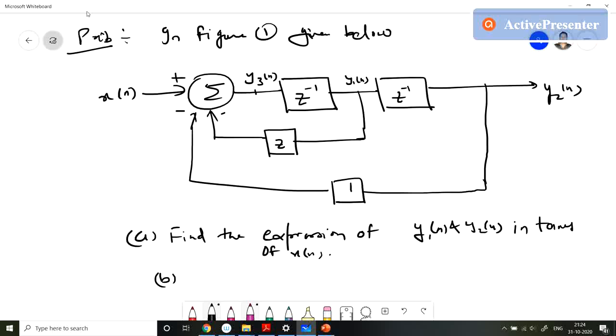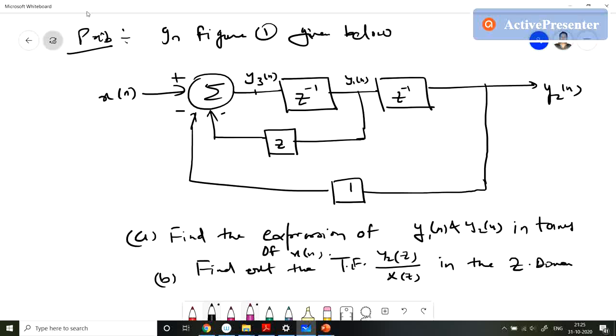Second, find the transfer function Y2(z) divided by X(z) in the z domain. And we are assuming that all initial conditions are equal to 0.